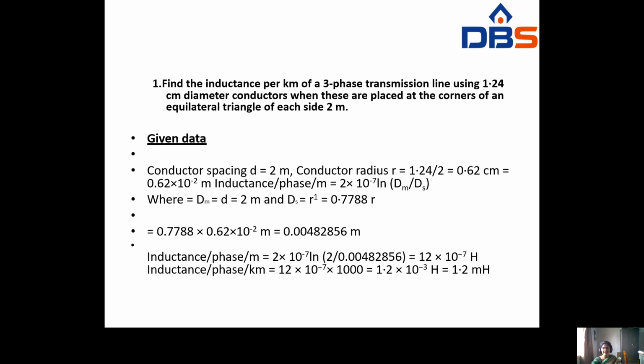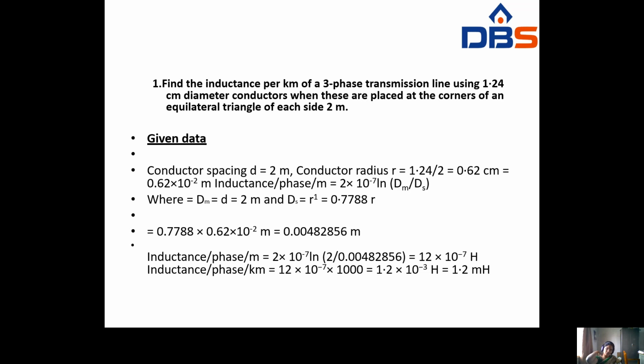But here you want inductance per phase per meter. So what is the formula? Inductance per phase per meter is 2 into 10 to the power of minus 7 ln of Dm by Ds, that means mutual GMD over self GMD.